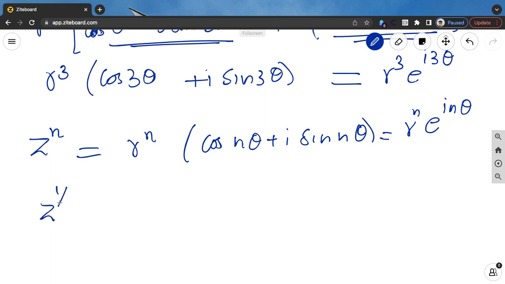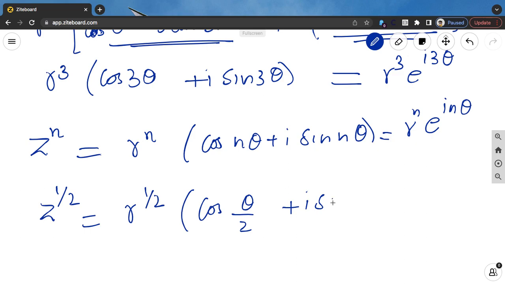For example, z raised to half. Will it work? Yes. Apparently, this theorem works for every single power. In the index form, it is very easy to see: if I raise the complex number to any power, the angle gets multiplied by that power. That's the reason the Euler's form is very, very useful.